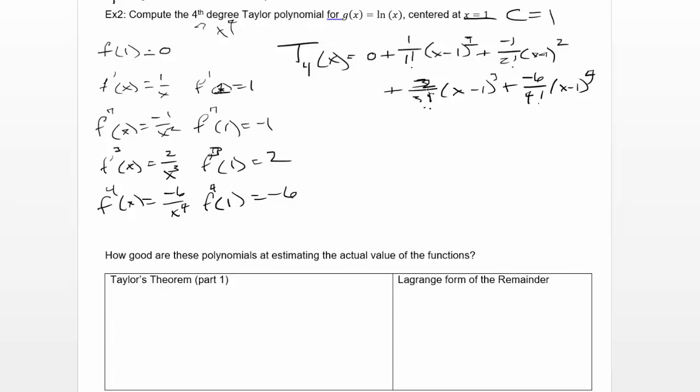So I'm simplifying. Note that 3 factorial is 3 times 2 times 1, and the top here is 2. So the 2's will cancel, and you'll have 1 over 3.